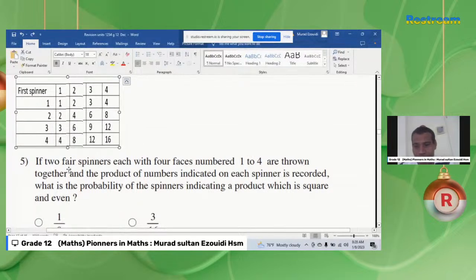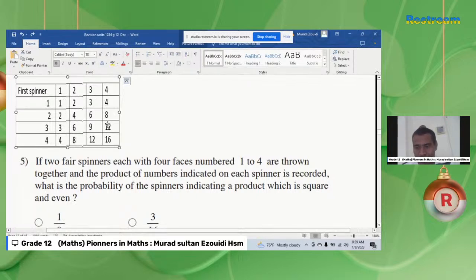Okay, so if these two spinners with 4 faces, numbers 1 to 4, are thrown together, and the product of numbers indicated, you see, all of these are the products of numbers. Okay, from this to that, let's say this is a square that consists of 4 rows and 4 columns.